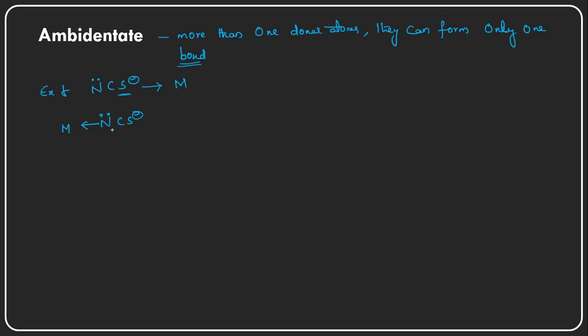Even if two or more different donor atoms are present, in a given complex they can form only one coordinate covalent bond. From either side they can form a bond, but only one. So here sulfur is not forming a bond with the central metal cation, and here nitrogen cannot form a bond with the central metal cation.